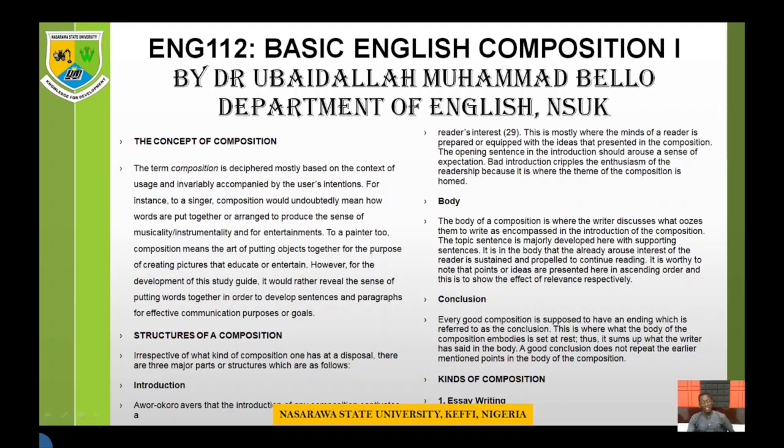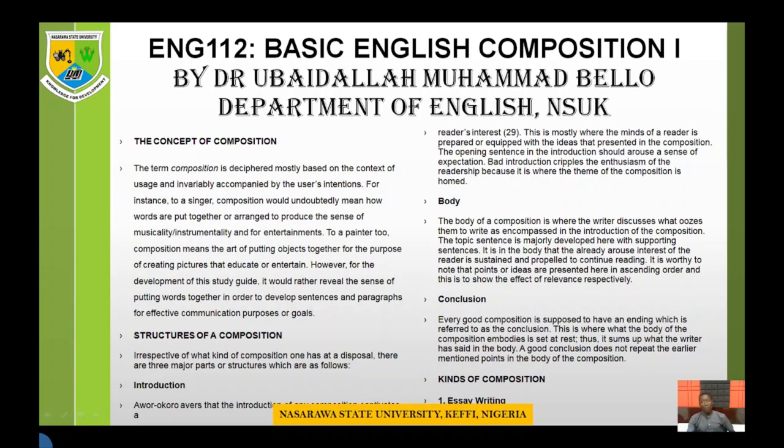We have structures of composition. The first structure of composition in question is introduction. By introduction we mean the background of what you are set at achieving in terms of your writing. You must prepare the minds of the readers in order to evoke interest in them and for them to have the spirit of wanting to read through your composition.